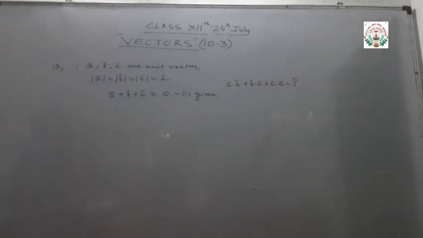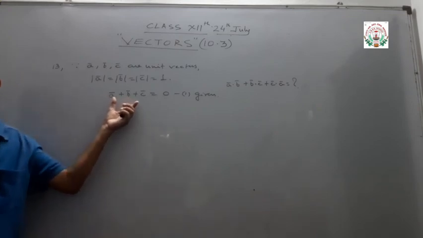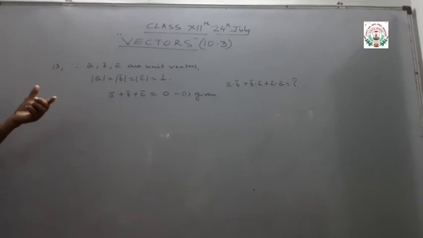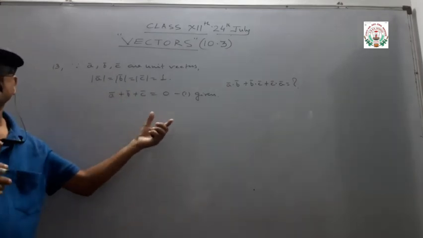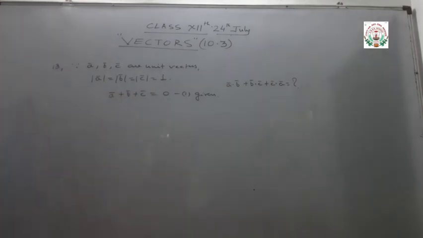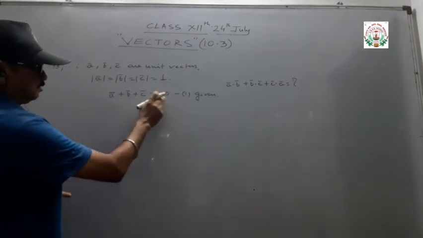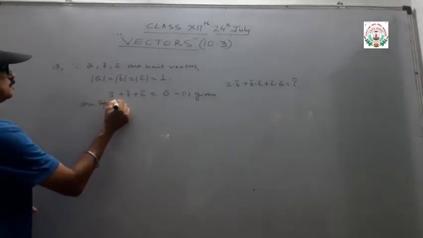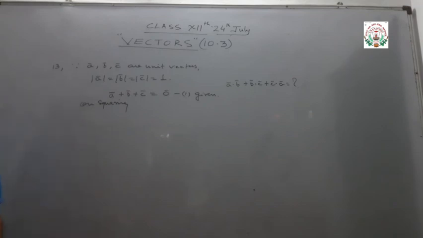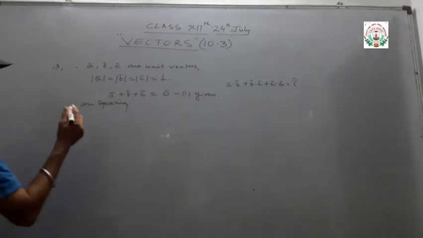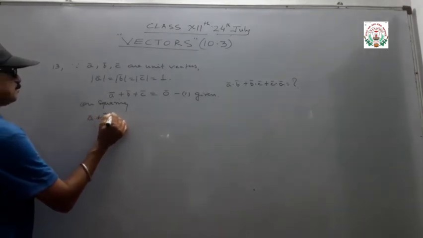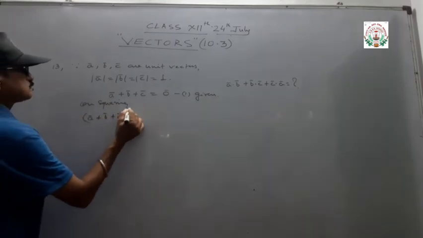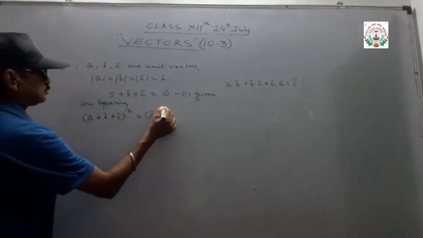तो जैसे कि क्लास 9 में हमने फॉर्मूला पढ़ा था A plus B plus C the whole square equals to A square plus B square plus C square plus 2AB plus 2BC plus 2CA. ये तो उसी फॉर्मूला को अप्लाई करेंगे, लेकिन इसके लिए हमें पहले इसको दोनों तरफ स्क्वायरिंग करना होगा. On squaring both the sides, we get vector A plus vector B plus vector C the whole square equals to vector 0 the whole square.